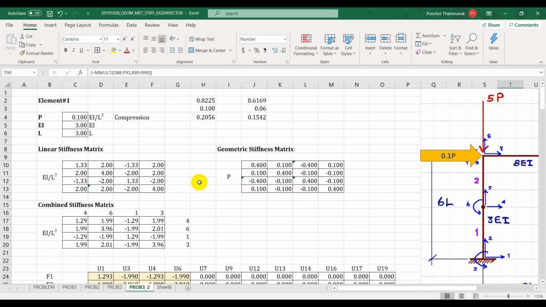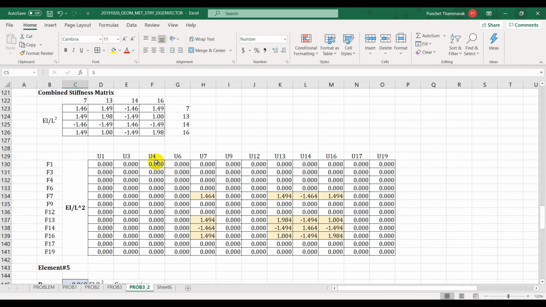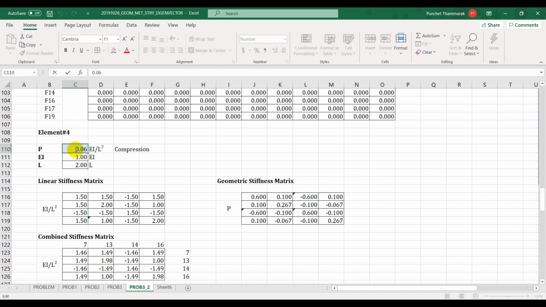So let me do some sort of correction. So it's equal to 0.01 minus 0.005. Okay. Over here, element number 4, 0.006 plus 0.005.